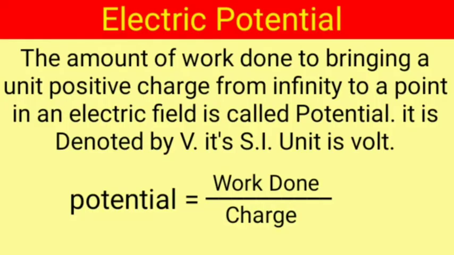Now our next topic is electric potential. The amount of work done in bringing a unit positive charge from infinity to a point in an electric field is called electric potential. It is denoted by V and its SI unit is volt. The formula is potential equals work done divided by charge.